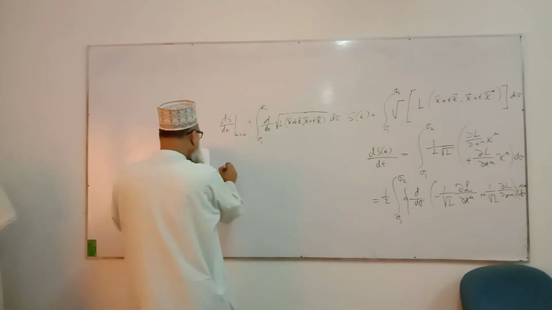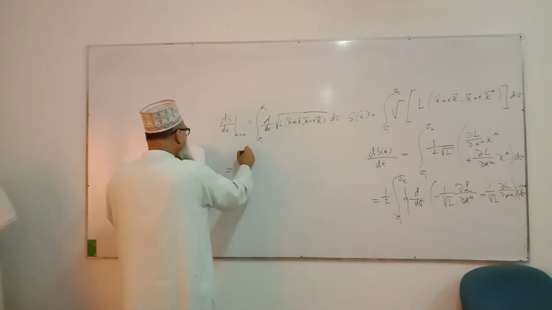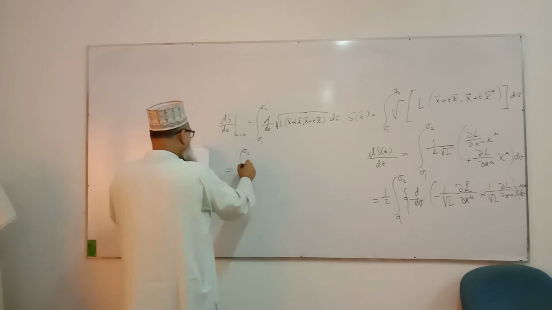Right? Differentiate, and you will get the integration from sigma 1 to sigma 2 of 1 by 2 square root of L.